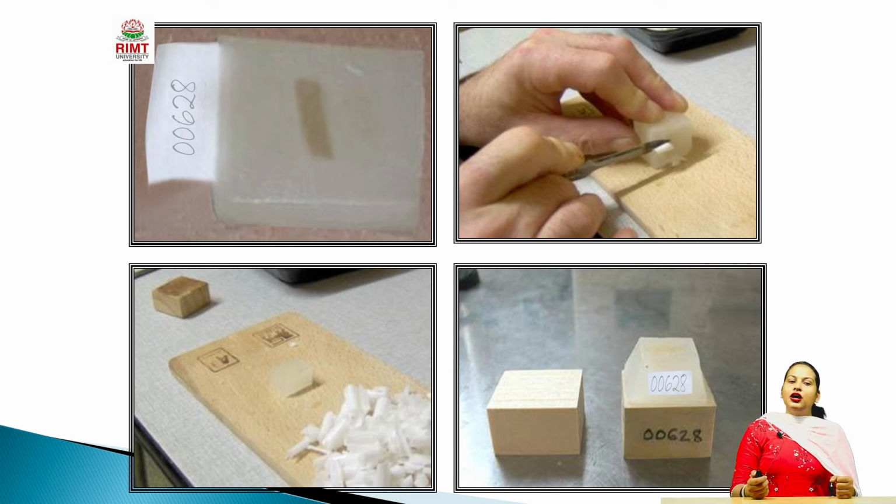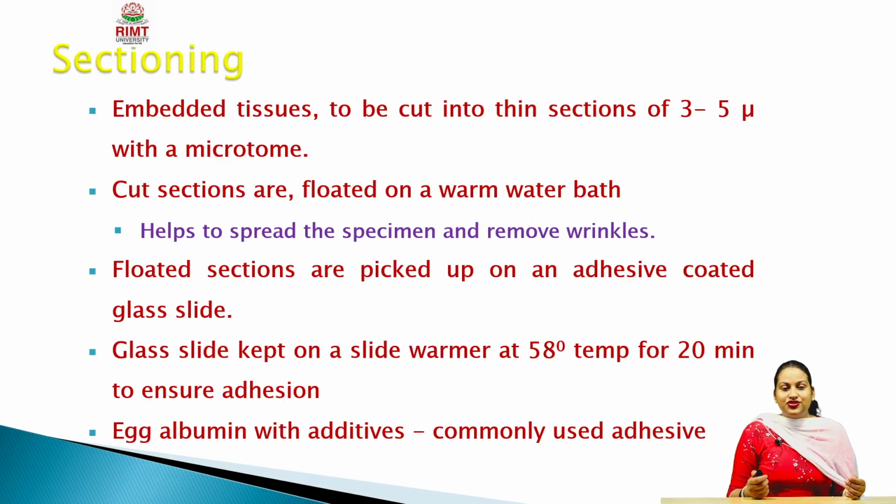The first picture shows how the embedding is done and how the tissue section looks after paraffin embedding. The second diagram shows the removal of extra supporting media, and the third shows how the cutting occurs, how the section appears after sharp cutting, and then how we transport it.